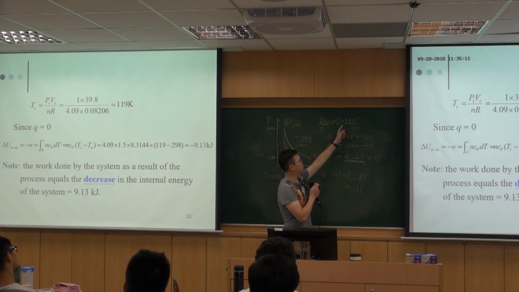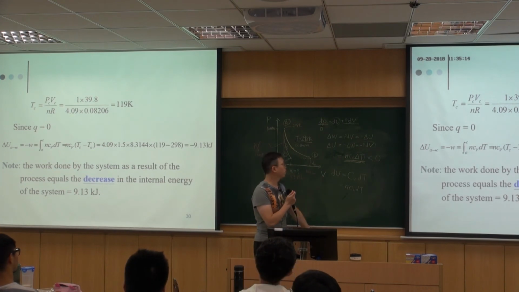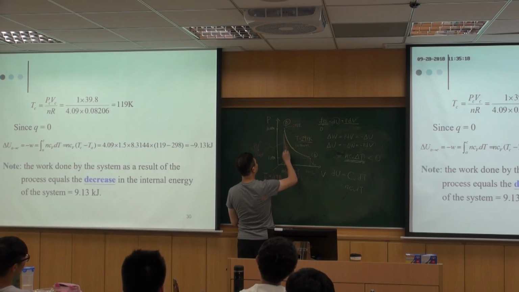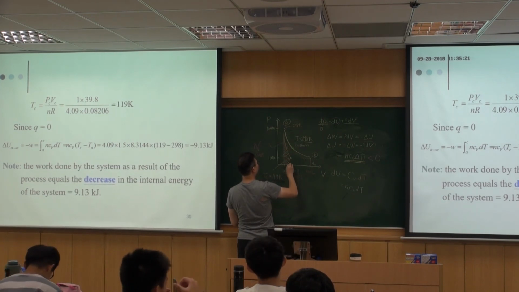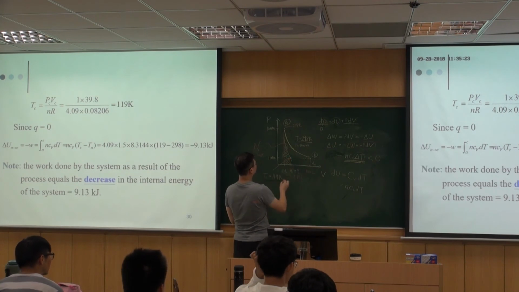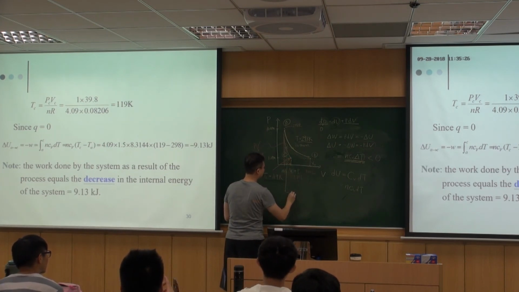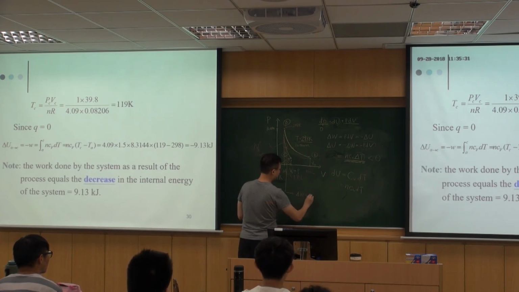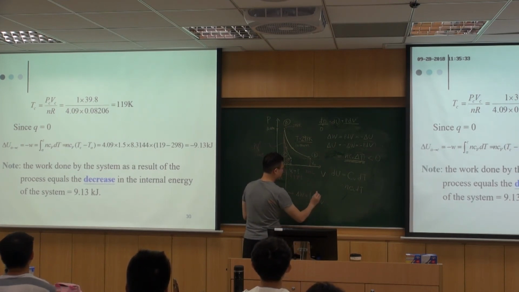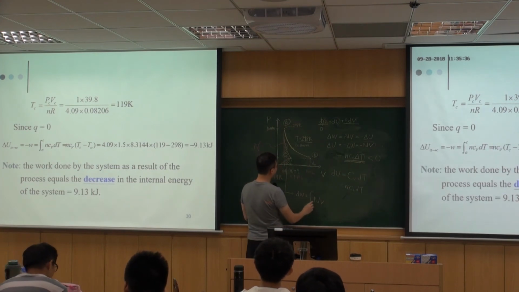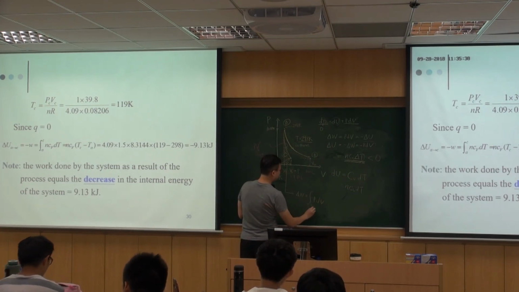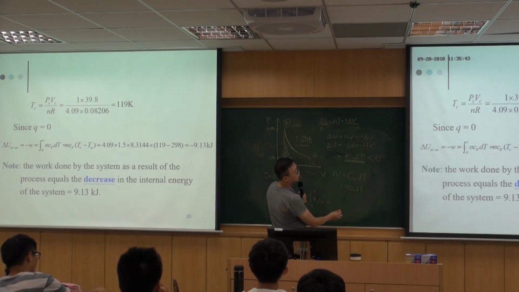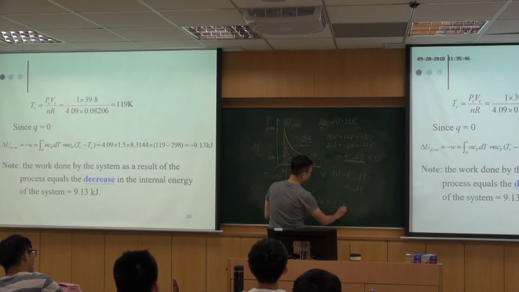And therefore, the work done by the system is positive. So it means that the area underneath, so this area, if you try to calculate this using PdV, where the volume is from, say, VA to VC, this should be 9.13 kilojoules.